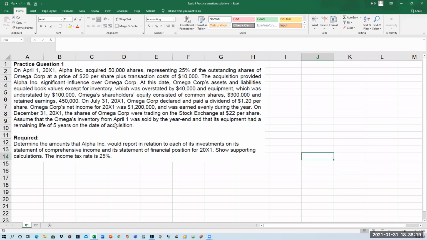Assume that Omega's inventory from April 1st was sold by the year end, so any fair value difference for the inventory cleared out, and that the equipment had a remaining life of 5 years on the date of acquisition. We are asked to determine the amounts that Alpha will report in relation to its investment on its statement of comprehensive income and its statement of financial position. The income tax rate is 25%.